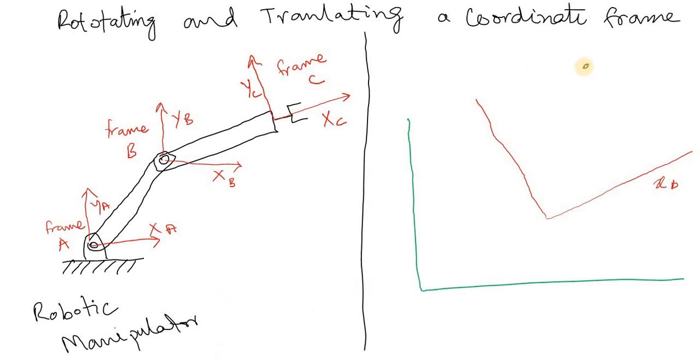And then we have a vector, a line that connects this point.